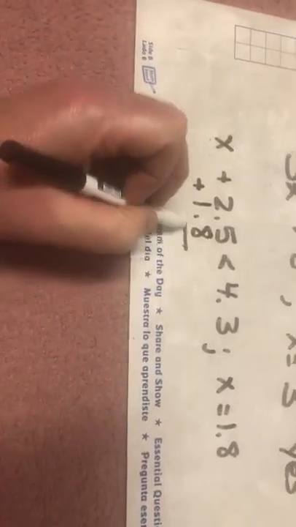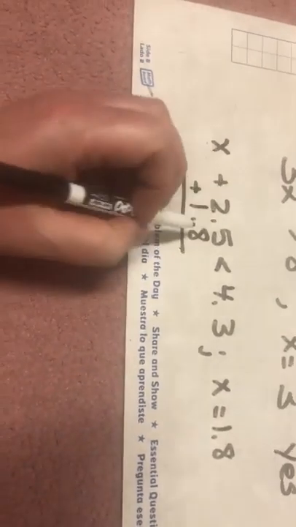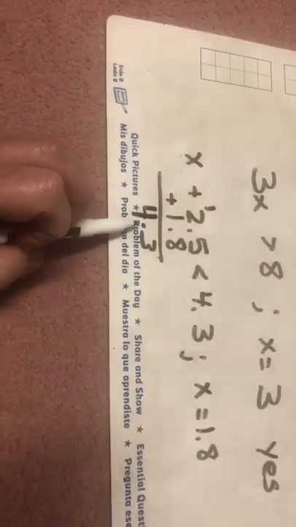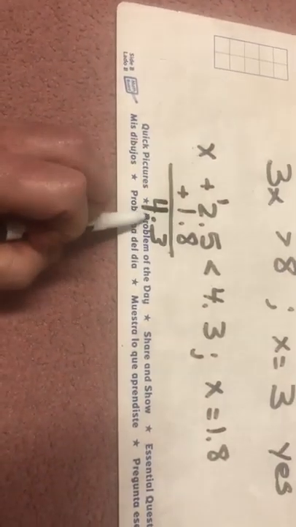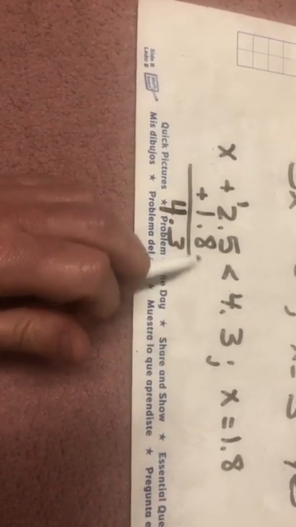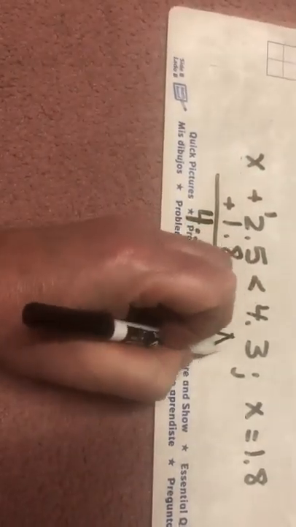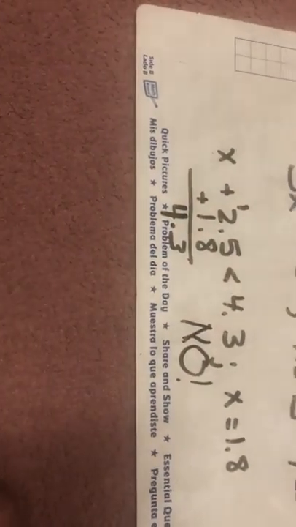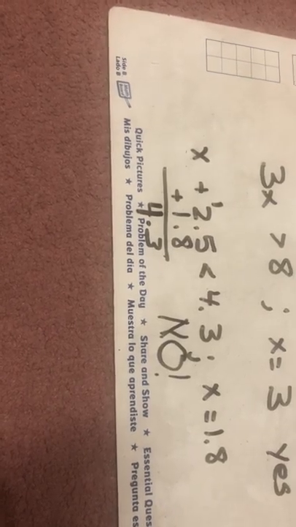I'm going to go ahead and add them. 5 plus 8 is 13. Put the 3 down, carry the 1, drop my decimal. 1 plus 2 is 3, plus 1 is 4. Interesting, it equals 4.3. So I end up with 4.3 is less than 4.3. Well, that is not true. 4.3 is equal to 4.3. 4.3 is not less than 4.3. So this one here would be a big no in example 3.